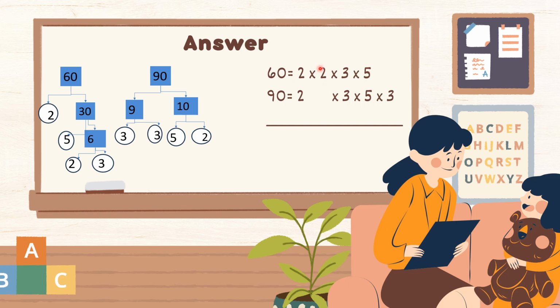And what about the non-common? We will leave space under the non-common factor or above the non-common factor. Let's see, what is the GCF? GCF equals 2, the common factor, multiplied by 3, another common factor, multiplied by 5, another common factor.